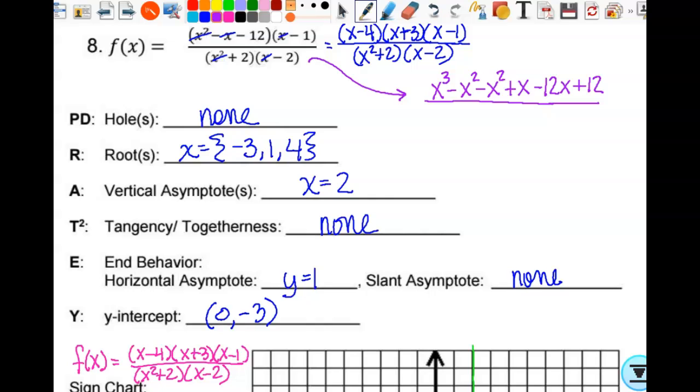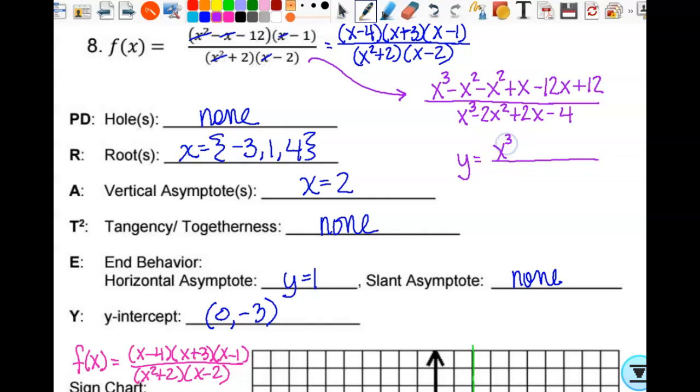Denominator, x squared times x is x cubed. X squared times a negative 2, negative 2x squared. 2 times x, 2x. 2 times negative 2, negative 4. Okay? So then I need to clean this up a little bit. In the numerator, I only have one x cubed.